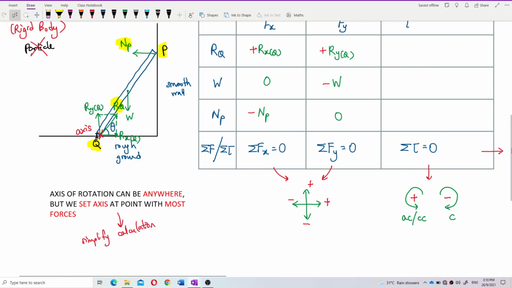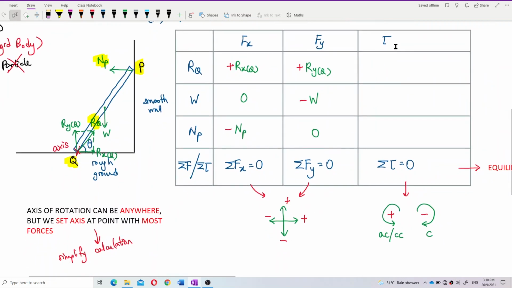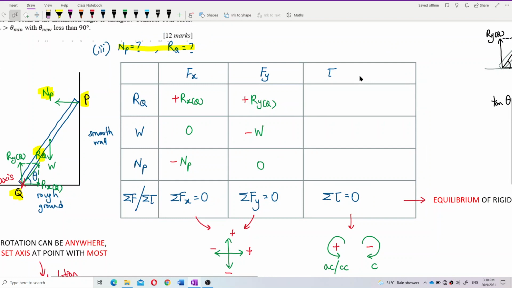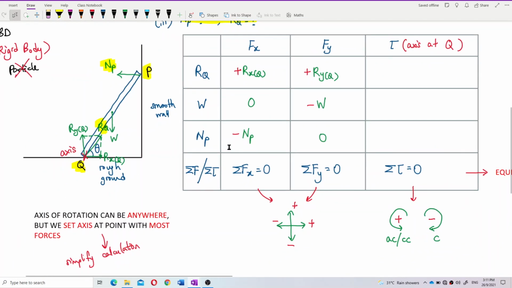Okay, we set the axis of rotation at point Q. And you must write down here, where do you set your axis of rotation? I write axis of rotation at point Q. I put my axis at point Q. Okay, now, you will see the magic happen.